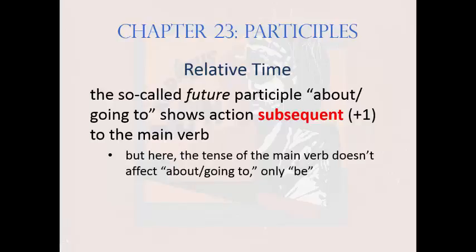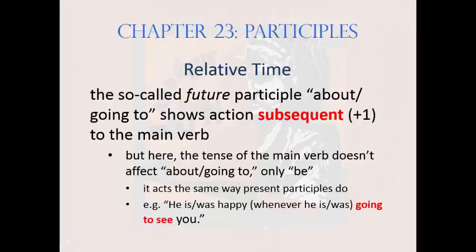With future participles, the tense of the main verb doesn't matter, since in the periphrastic construction is going to, the form is changed, not the future participle, which will always stay going to as long as you translate it that way, which you can. So make your life easy and do that. Thus, the future participle, in its periphrastic construction, the one that uses to be, acts the same way present participles do, meaning there's nothing new to learn here.